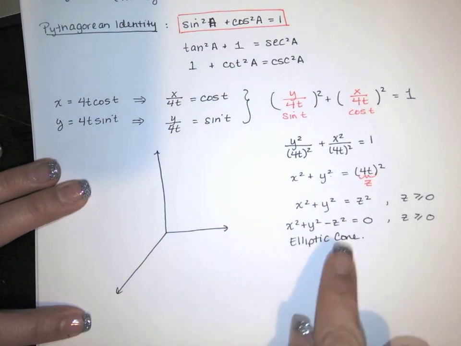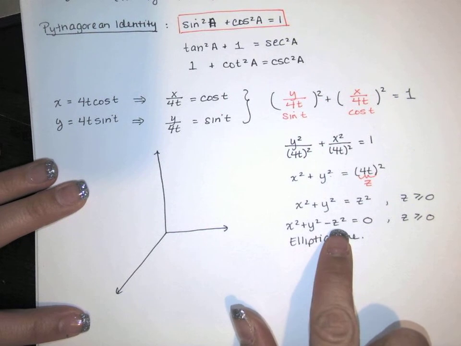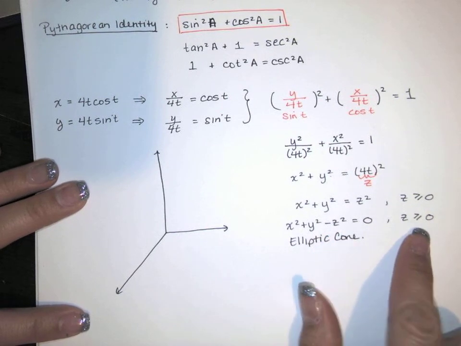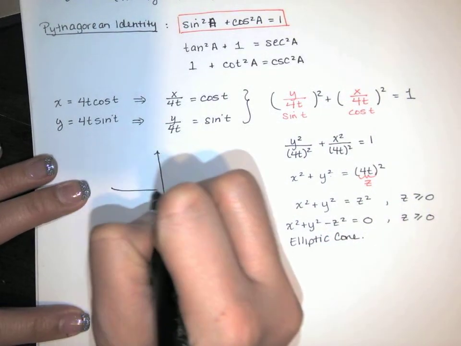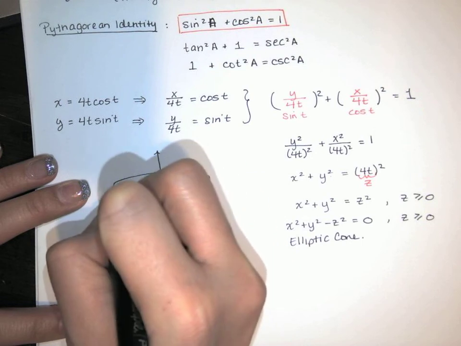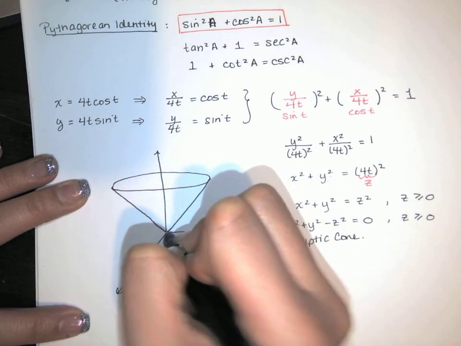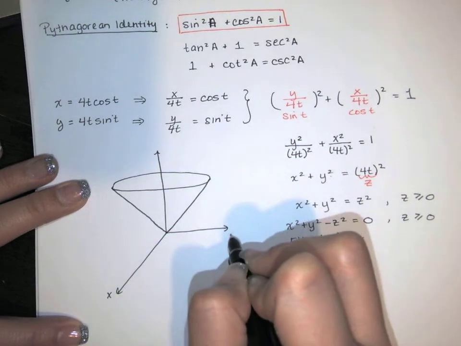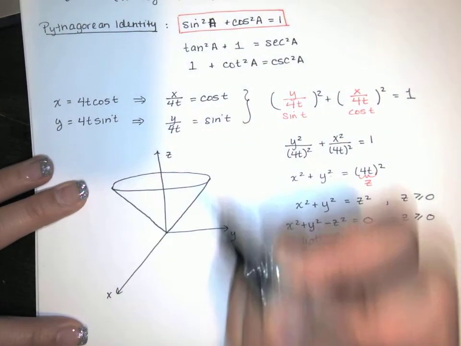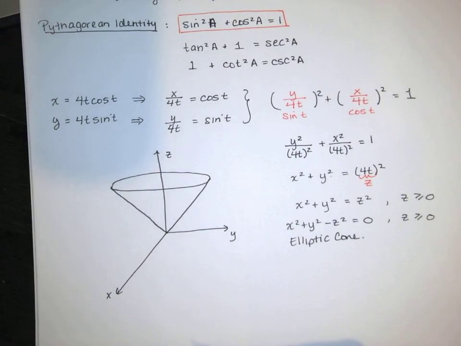Well, we know that this cone opens on the z-axis, and since z is greater than or equal to 0, we just get the top half of the cone. Alright. Now the question becomes, well, what happens as t increases?